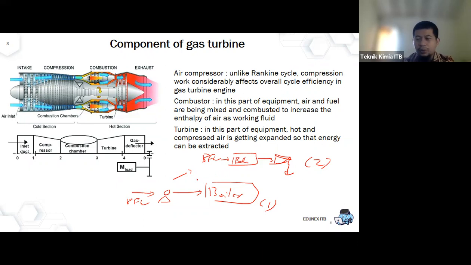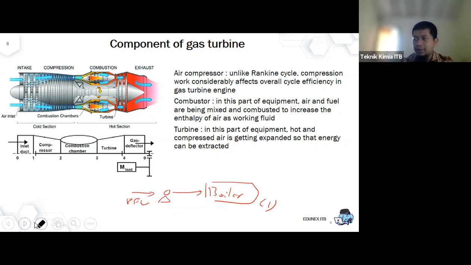Okay, so this is it. And as you can see, in any of the cycles, the increase of the pressure always happens prior to the working fluid heating. You can still imagine here in the Rankine cycle, the pressure of the water is being increased first instead of being heated.